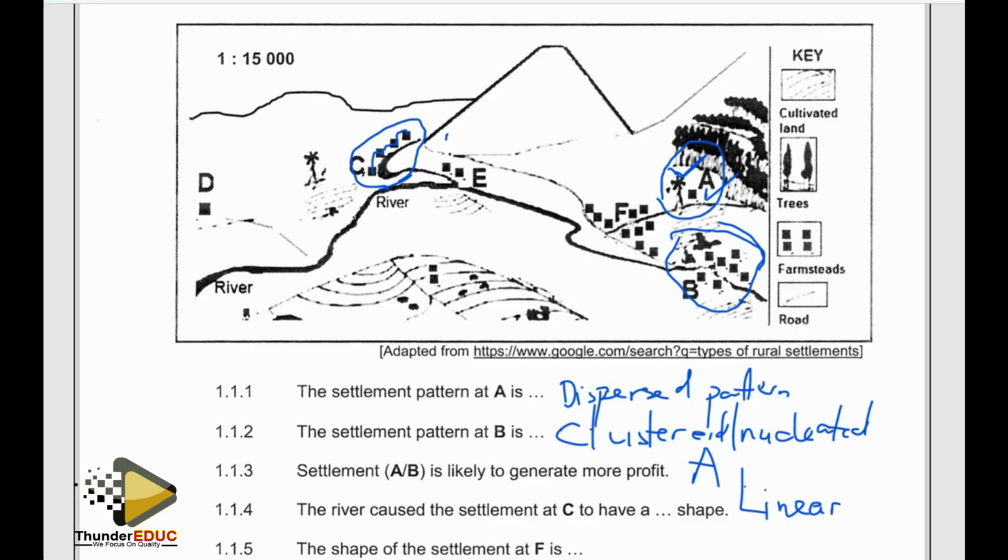The shape of the settlement at F is, right, we go to F, we check what kind of shape it is. When we talk of pattern, I think we now know the difference between a pattern of a settlement and a shape. Here we want the shape. If it was asking about the pattern, we would say it's clustered because the units are close to each other, but we want the shape.